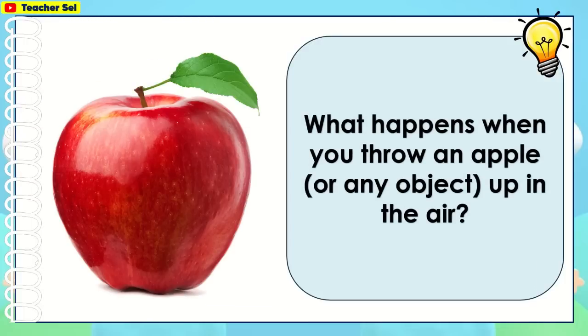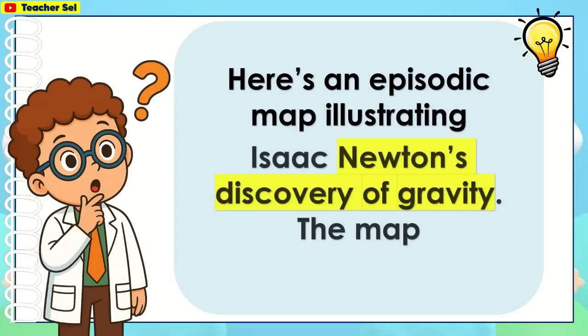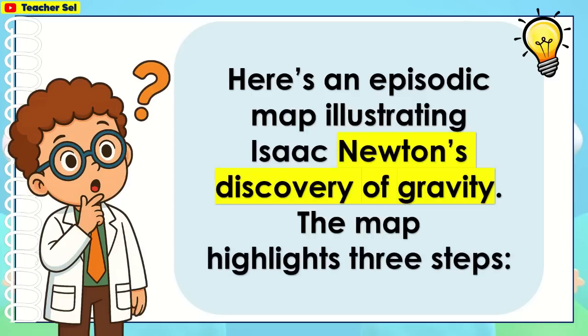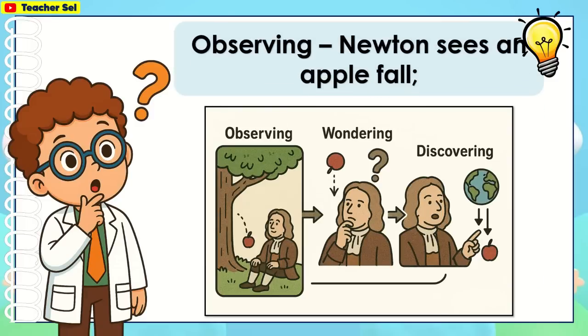What happens when you throw an apple or any object up in the air? Here's an episodic map illustrating Isaac Newton's discovery of gravity. The map highlights 3 steps. Observing, Newton sees an apple fall.